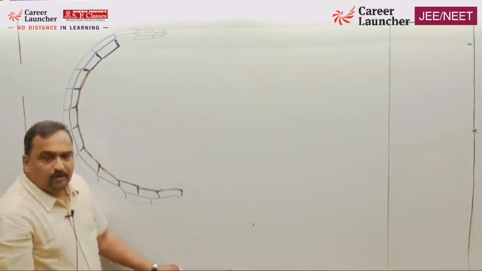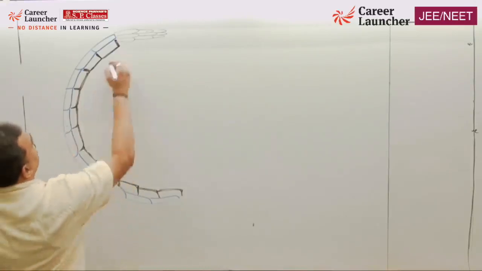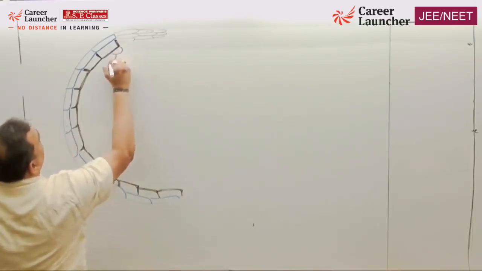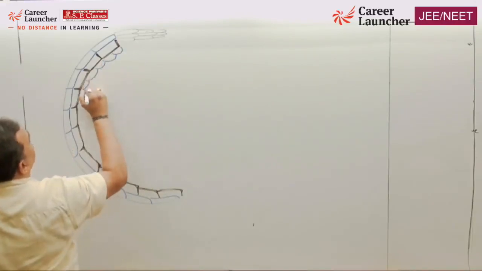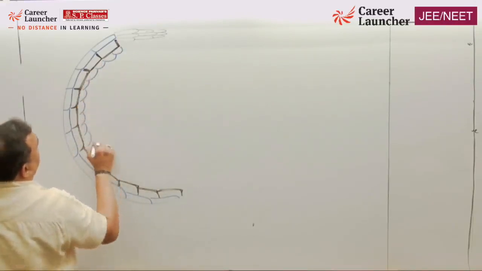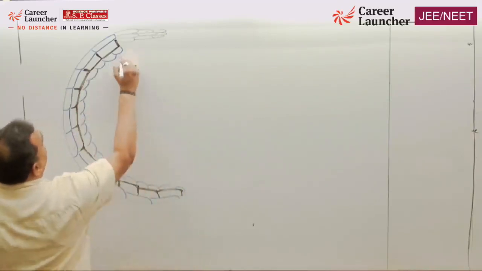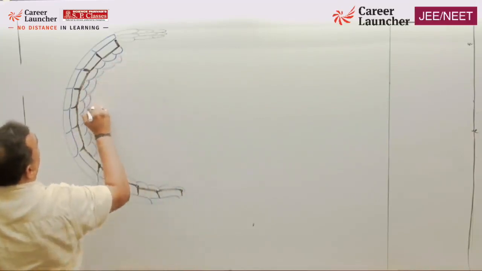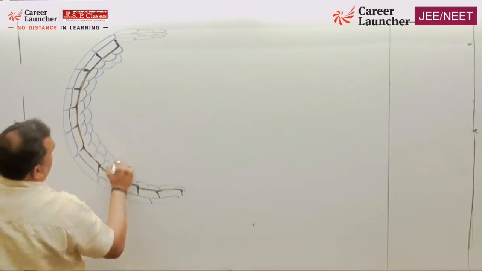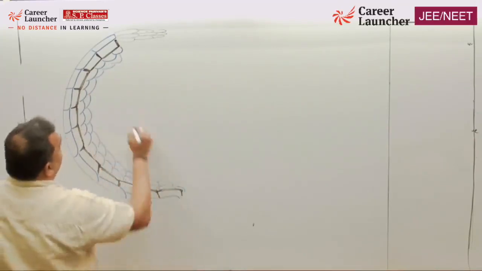Inner to that there will be presence of smaller cells, about 2 to 3 layers of cells, the middle layer cells.